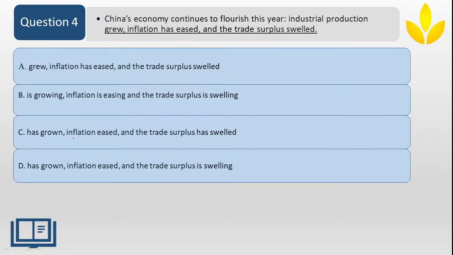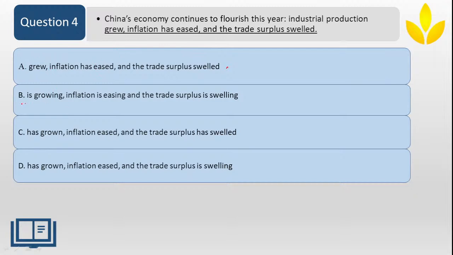The underlined portion is grew, comma, inflation has eased, comma, and the trade surplus swelled. So first option is as it is, without the full stop, of course. Punctuation alone is missing. That is no change.